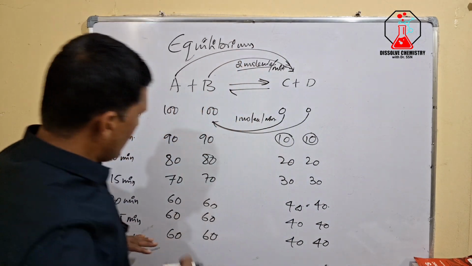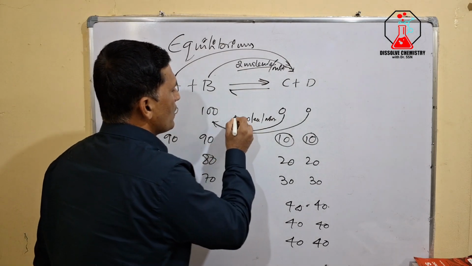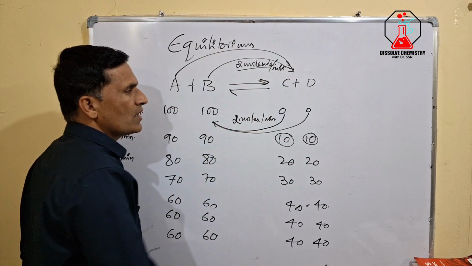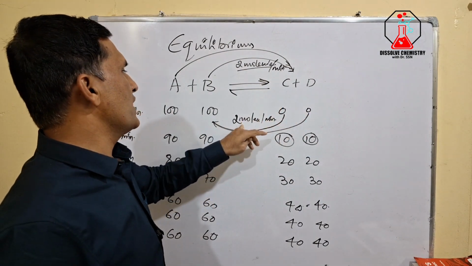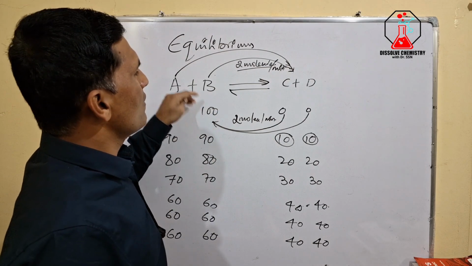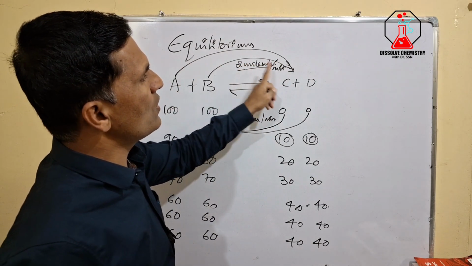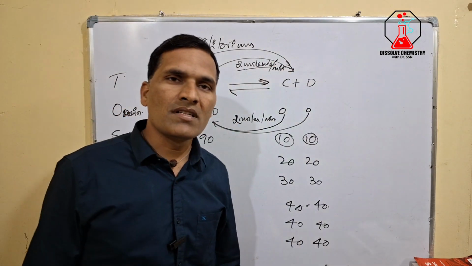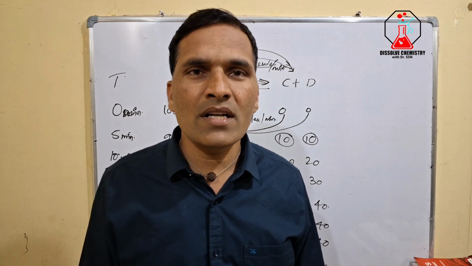So when I reach the time like 25 minutes or 20 minutes, then what I found is that two molecules of C plus D per minute are combining to give back A plus B, whereas A plus B are also combining at the same rate, that is 2 molecules per minute into C plus D. Then what happens to your net concentration of the reactants and products?